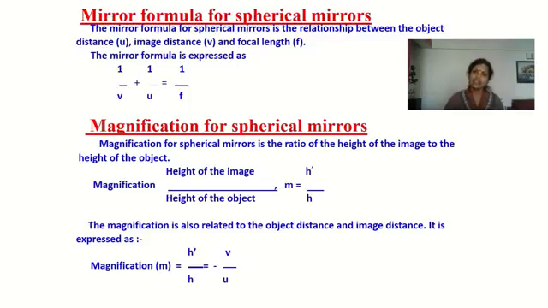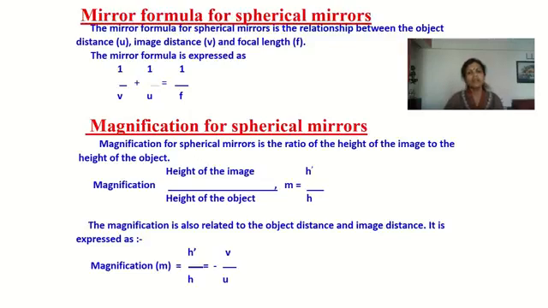Also, there is a relation between the magnification and the image and the object distance. So how is it related? It is related like this: magnification is equal to h dash upon h, and that is equal to minus v upon u.